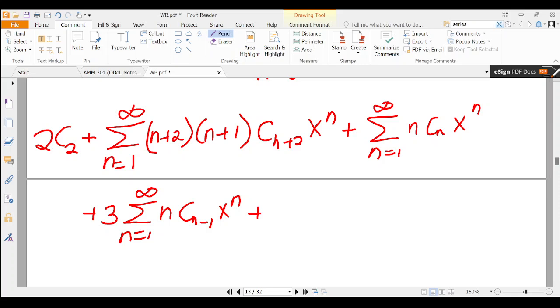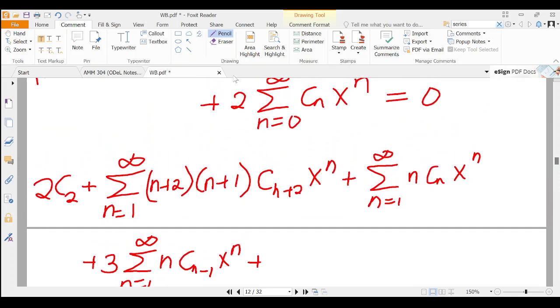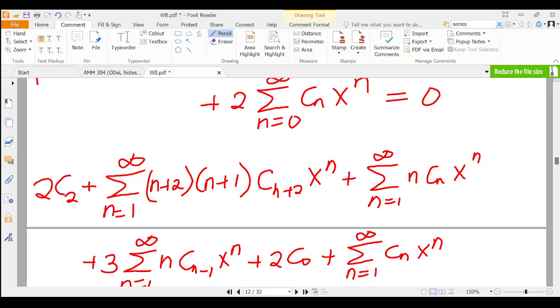And in the last term, where we have 2 times the sum from n is 0, we consider the case n is 0. So we have 2 times c_0, x raised to power 0 is 1. Then plus now the sum from n is 1 to infinity, c_n x raised to power n, and the result is 0.